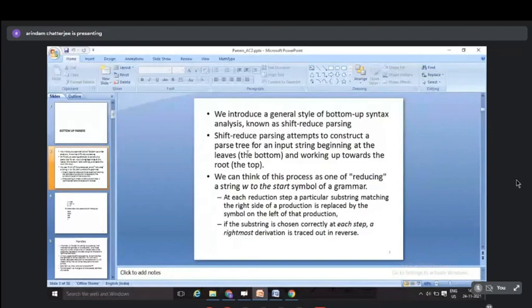So identifying which substring to match, and then replacing it by the left-hand side of the production rule, is the important activity of reduction. That is what is meant by reduction. And now, if the substring is chosen correctly at each step, a rightmost derivation is traced out in reverse.